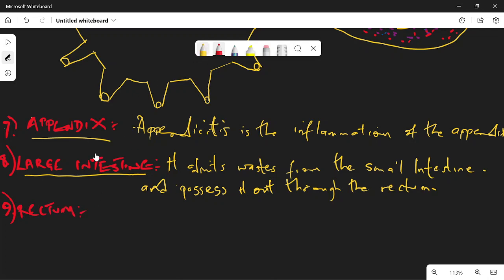The rectum is the last phase of the alimentary canal, and feces are stored temporarily before they are sent out of the body. It is in the rectum that the waste materials are shaped into pellets.